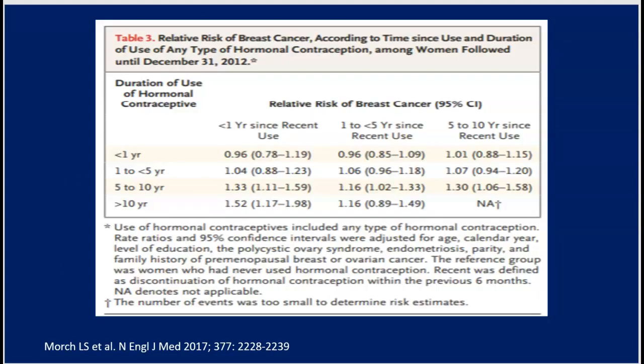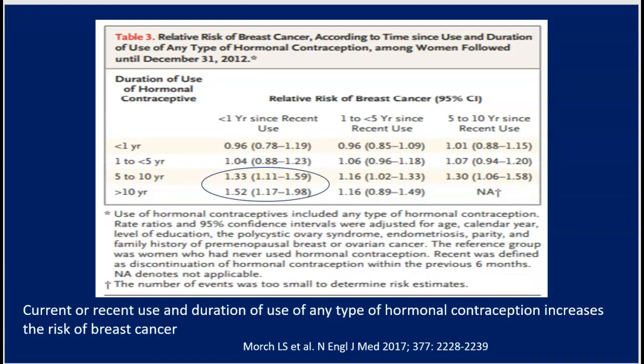But there are some nuances to this study, and here is data from Table 3 of the New England Journal of Medicine article that looked at this. Here they look at duration of use and the relative risk, looking at whether there was very recent use, use that is more than 1 year in the past, and use that was 5 to 10 years in the past. And they did show things that were different from what we've discussed before.